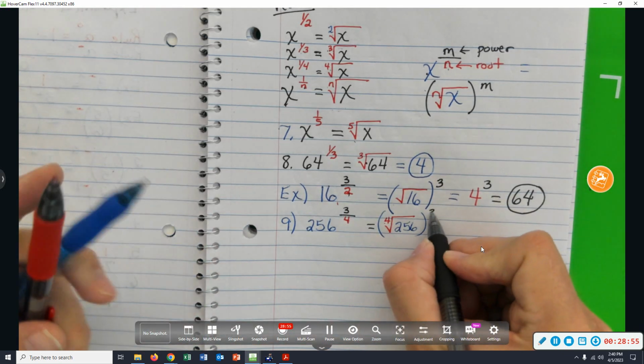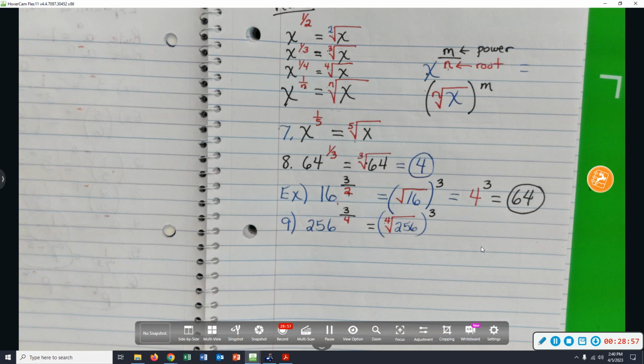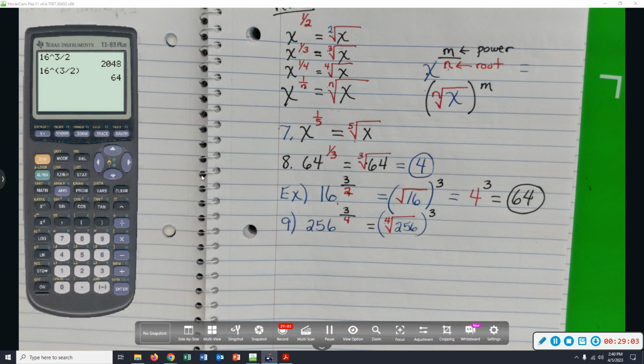So let's see. 4th root of 256. What number could I multiply 4 times to get 256? 5? I'm thinking if we multiply 4 5s, we get 625. That's too big. So go smaller.